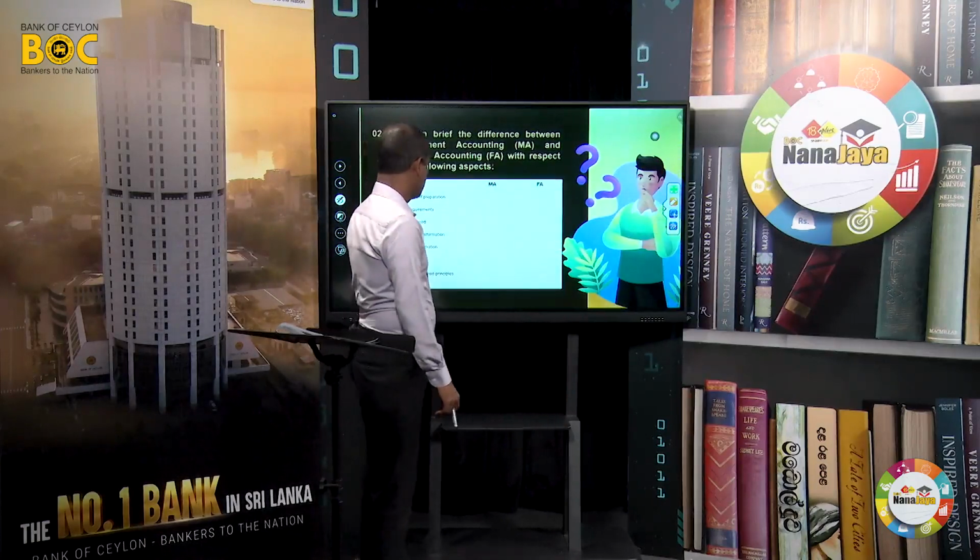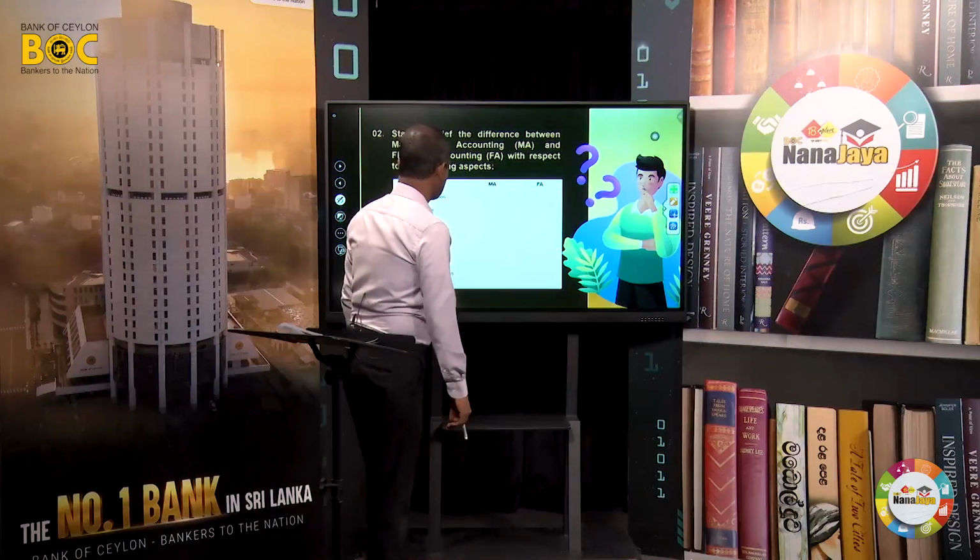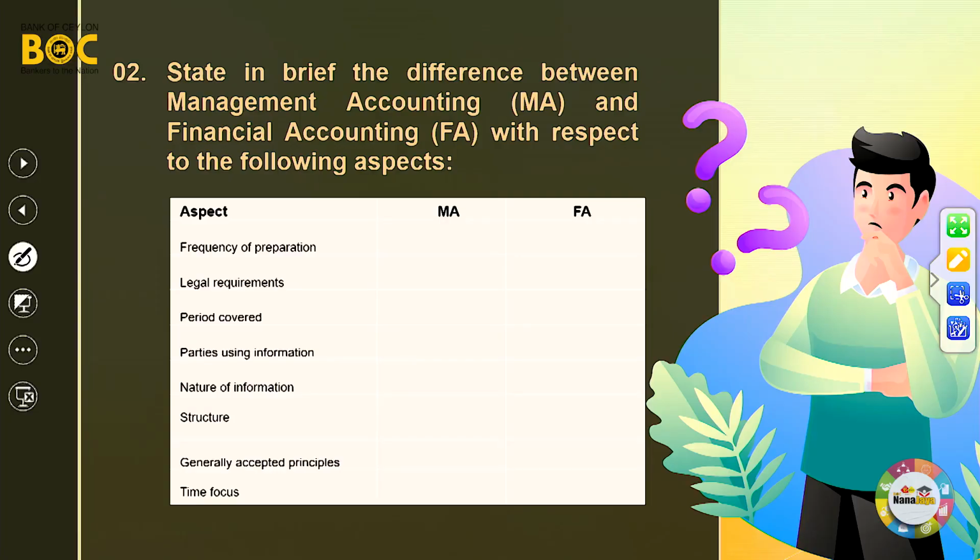Question number 2: to state in brief the difference between management accounting and financial accounting.